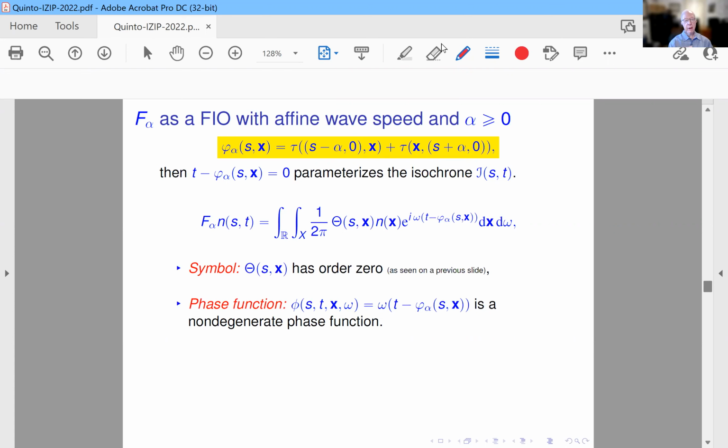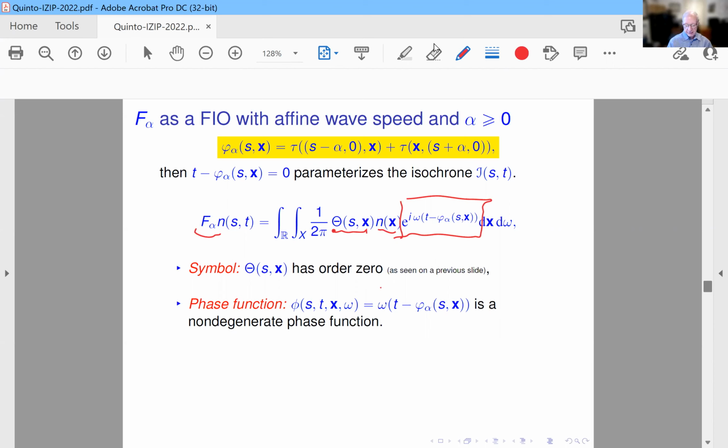And if you remember what we presented at the beginning, our F alpha, where alpha is the offset, is this expression. Theta is the symbol we wrote down or described at the beginning. N is the function we want to recover. And we have this phase function. The symbol has order 0. We saw on a previous slide that actually this theta doesn't depend on the phase variable omega. So it's order 0.